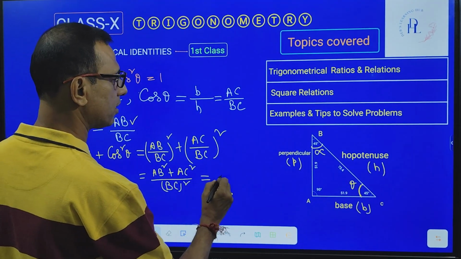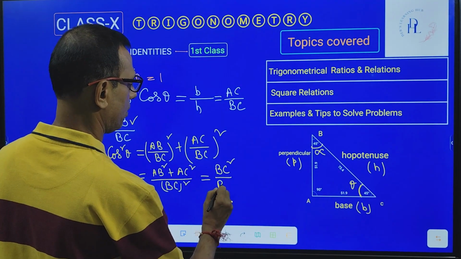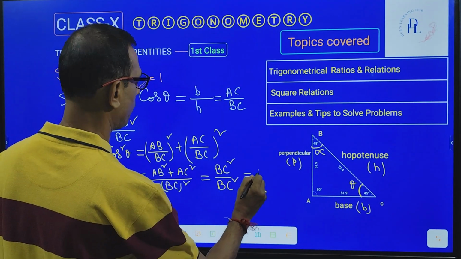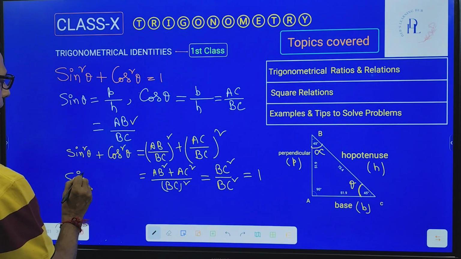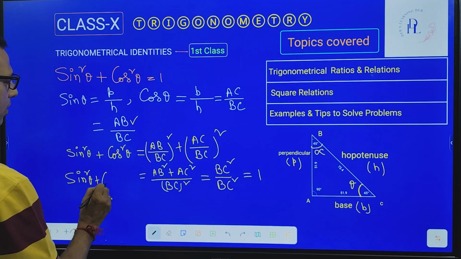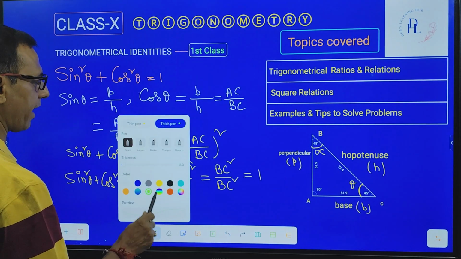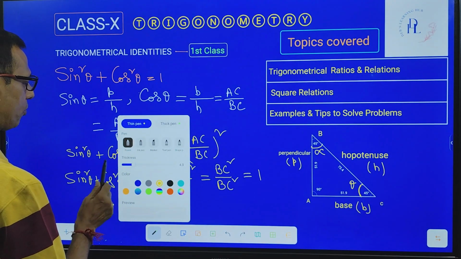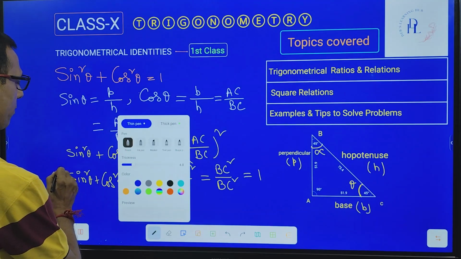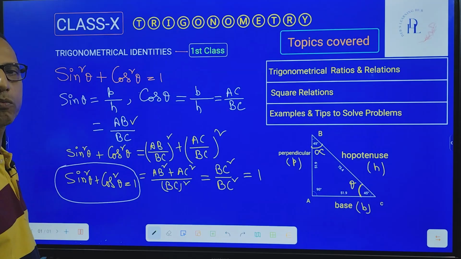So AB square plus AC square equals BC square. So BC square by BC square equals 1. So this one is proven: sin square theta plus cos square theta equals 1. This is a very important formula, and you have to remember these formulas in trigonometry to solve any problem, right? This one is a very important formula.